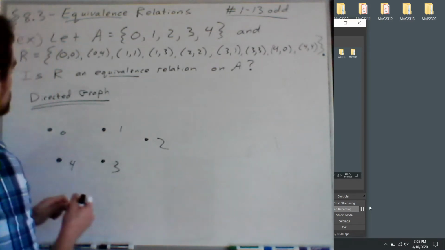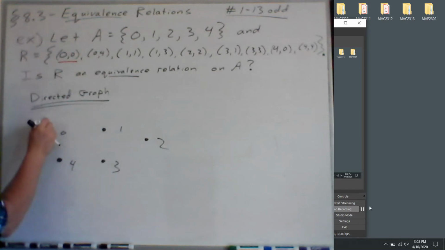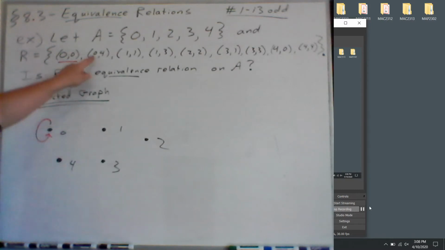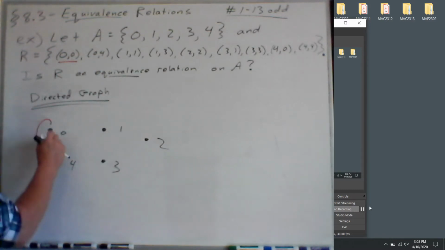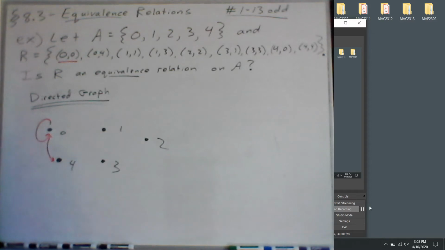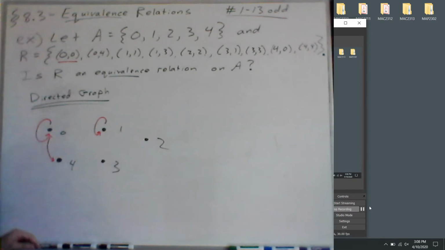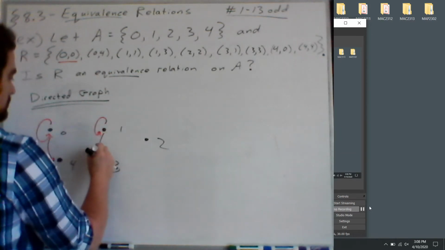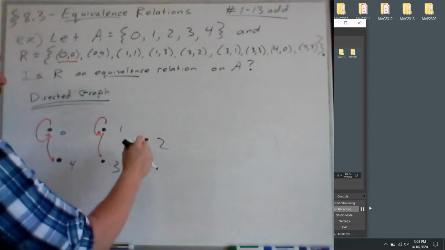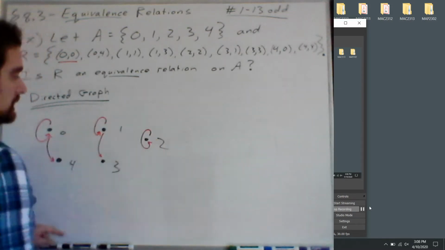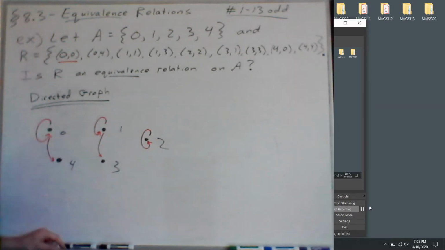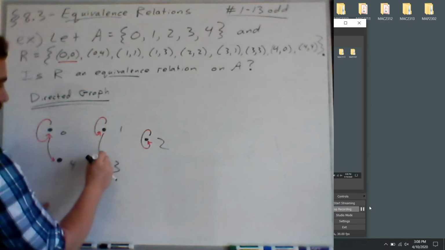So we'll take the first one. 0 is related to 0. Remember, that directed graph just tells you that 0 is related to itself. 0 is related to 4, so that means 0 is related to 4. 1 is related to 1, so I just move back. 1 is related to 3. 2 is related to 2, so it just loops on itself. 3 is related to 1.